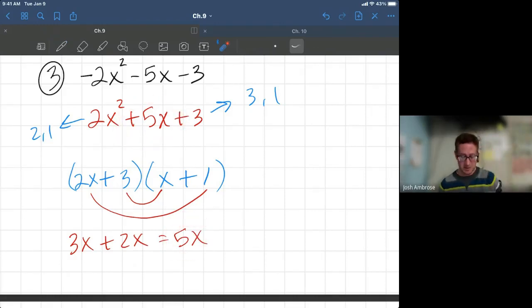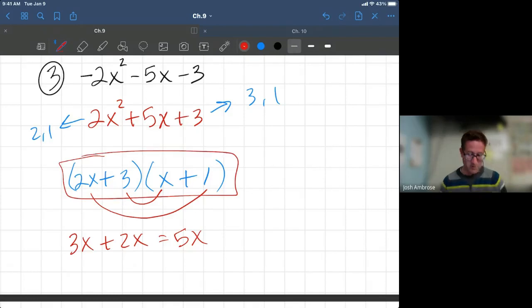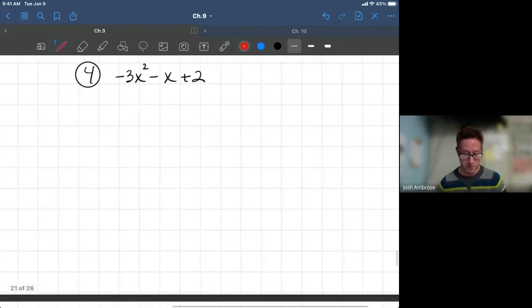All right, pay close attention to that. That is what we are looking for. So we did pick the right order for it. And every problem is checked. You must check it. Make sure your signs are right. Make sure the order is right.